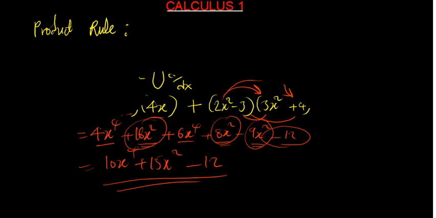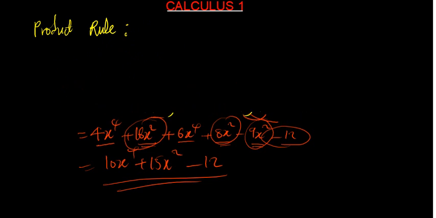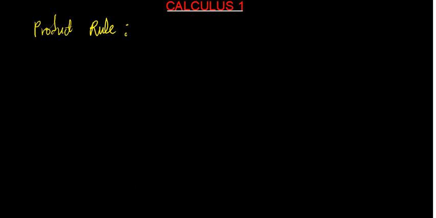Alright, let's look at the last example on this one. So if you've been given, of course you can modify even something that is in form of a fraction to use a product rule.